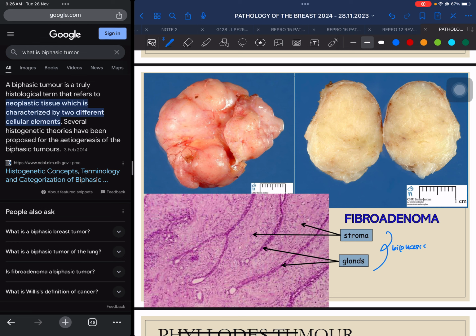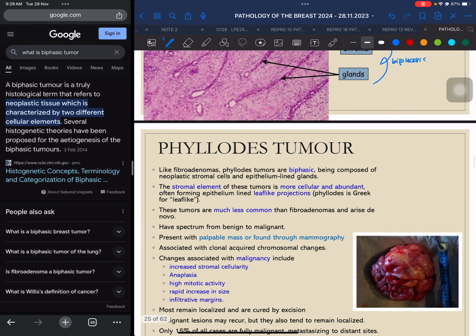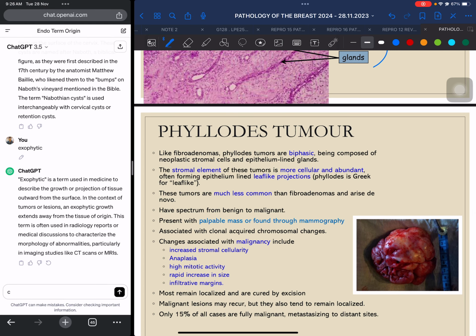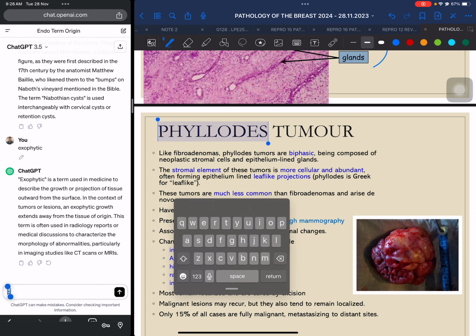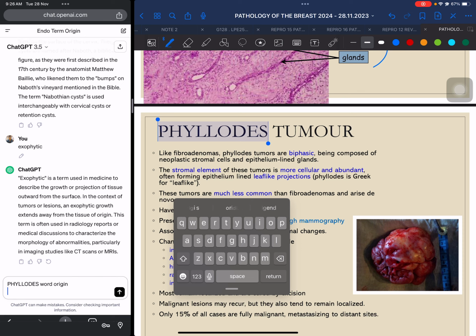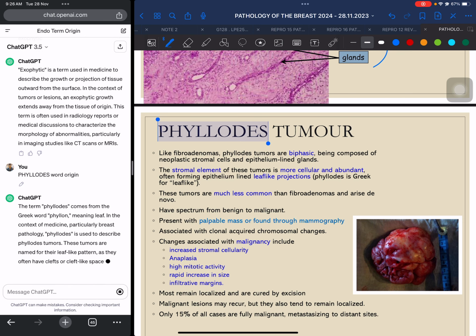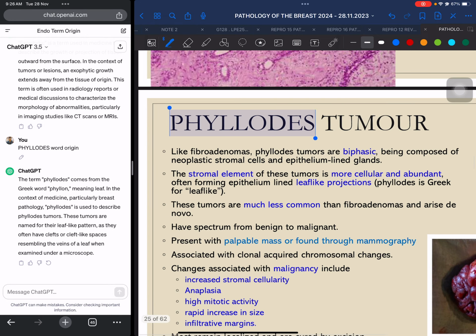Another lesion in the breast is the phyllodes tumor. These are also biphasic, composed of both stromal and epithelial components, but they are much less common than fibroadenoma. It has a spectrum from benign to malignant. They can form a palpable mass or be detected through mammography.